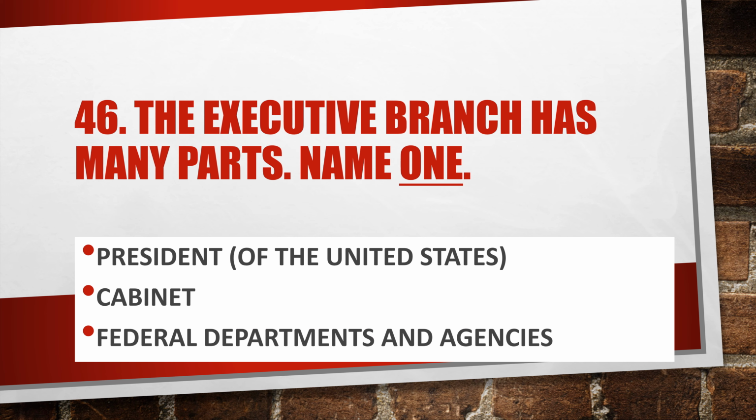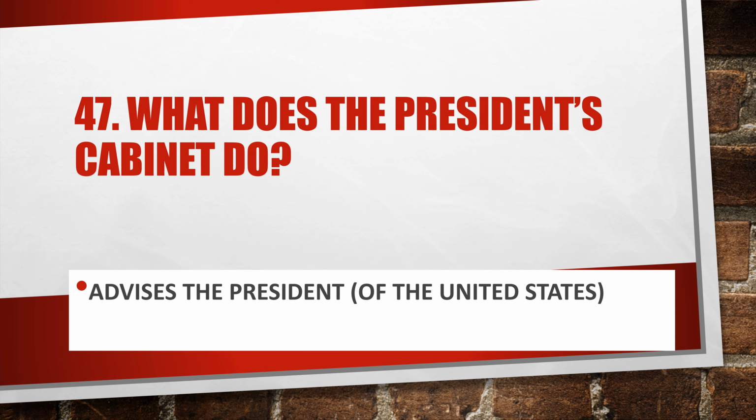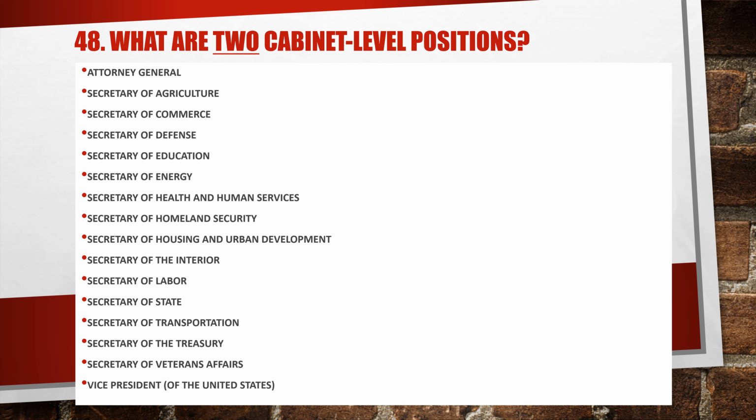The executive branch has many parts. Name one. President of the United States. What does the President's cabinet do? Advises the President of the United States. What are 2 cabinet level positions?